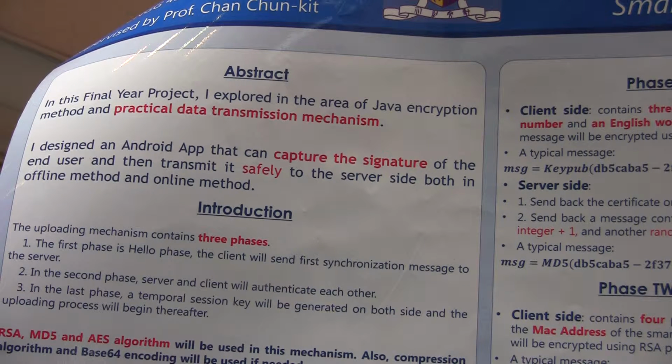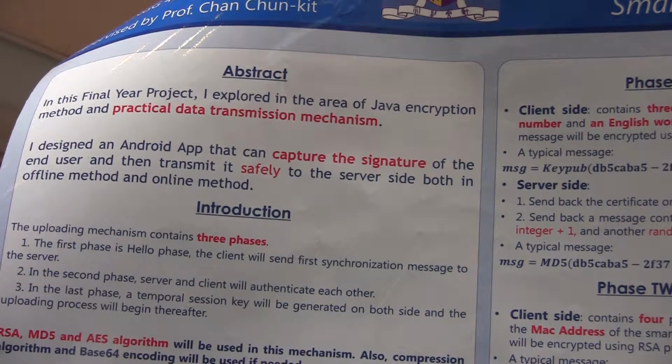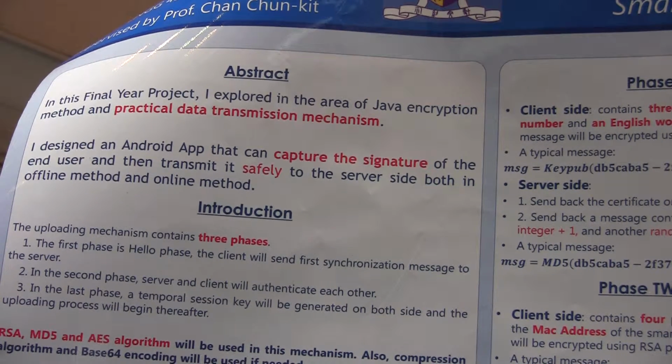semester final year project. It is about the safe data transmission protocol. In this semester, I have developed an app. This app will be demonstrated in a moment, and this app can capture the signature using Android Canvas, and the signature will then be safely uploaded to the server using my own protocol.